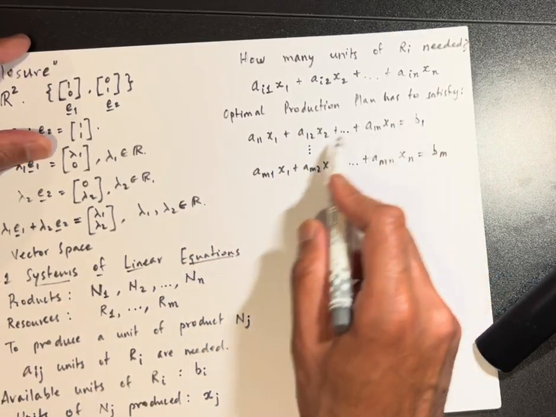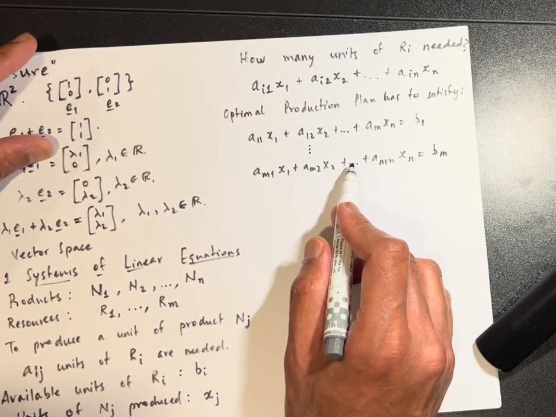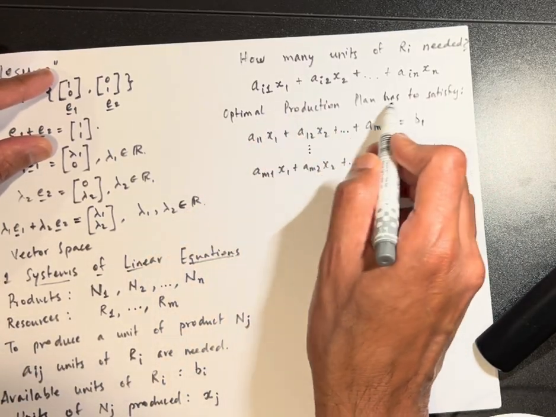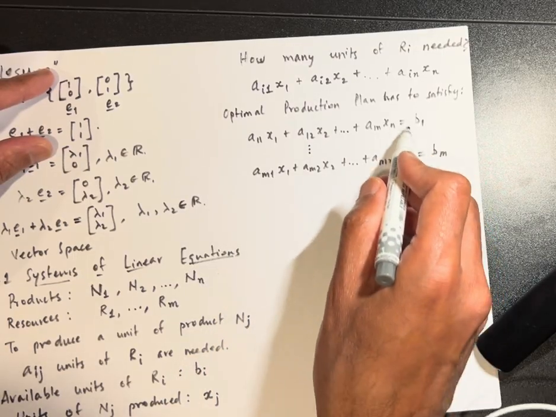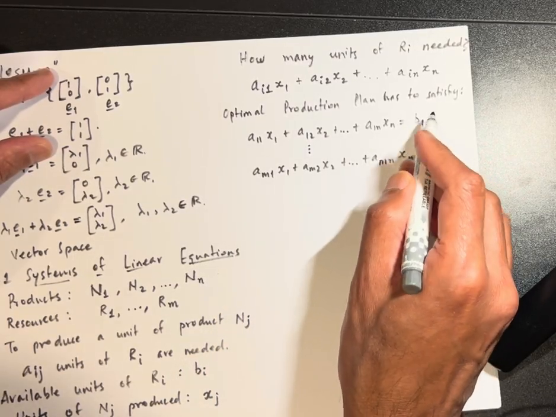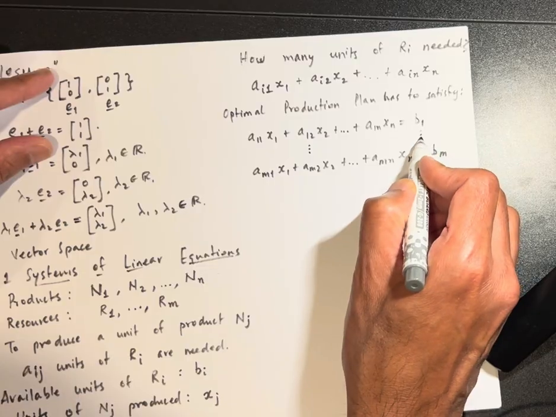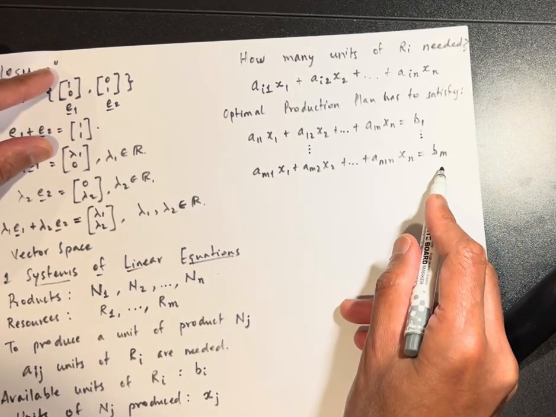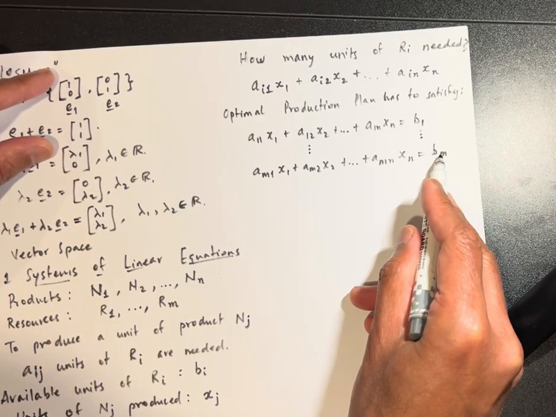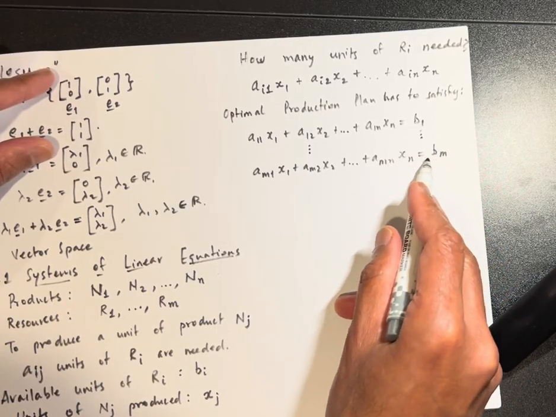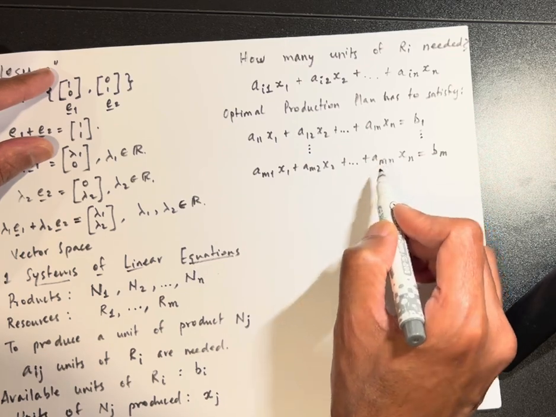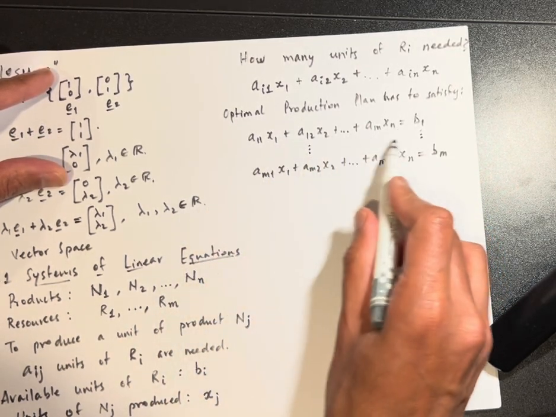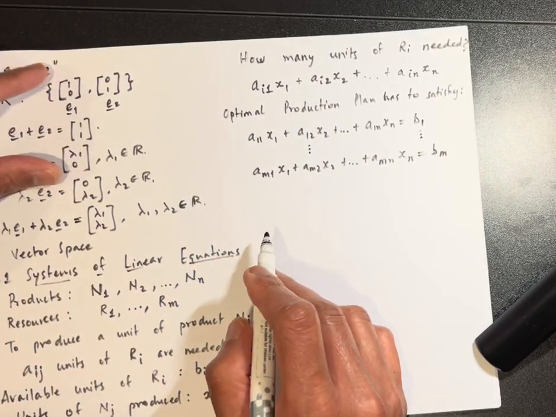It has to satisfy all these, and then we have an optimal production plan because we've used all the available ingredients, that is B1 units of R1, B2 units of R2 and so on up to Bm units of Rm. They are all used for making these products. That's what this whole equation is talking about.